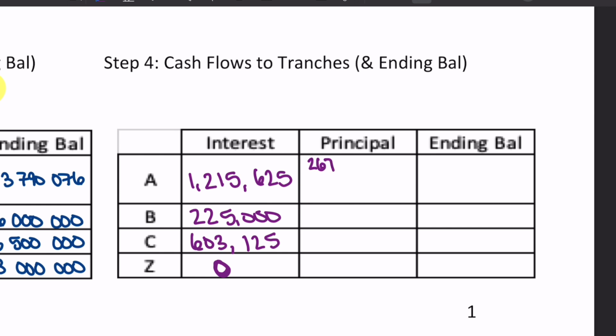So that's $267,535 plus the prepayment, $442,389. And now we have another new term, $456,250. So that's the interest that would have gone to Z is now going towards paying down the principal of A.